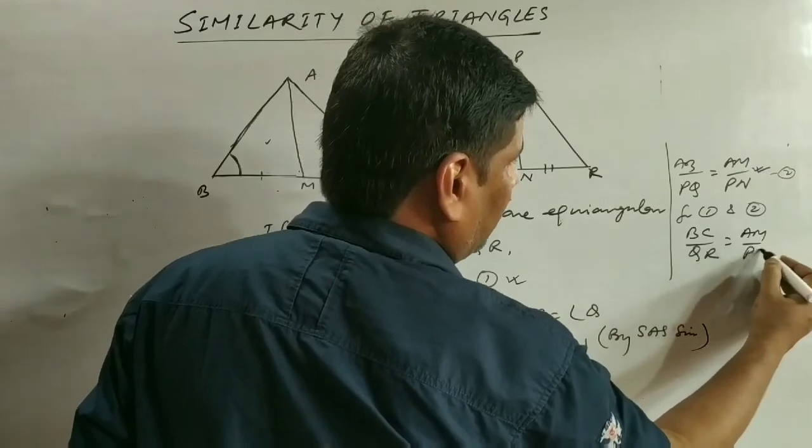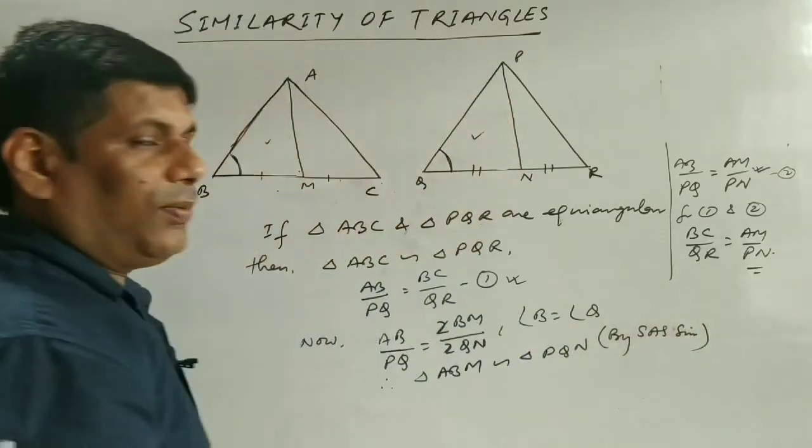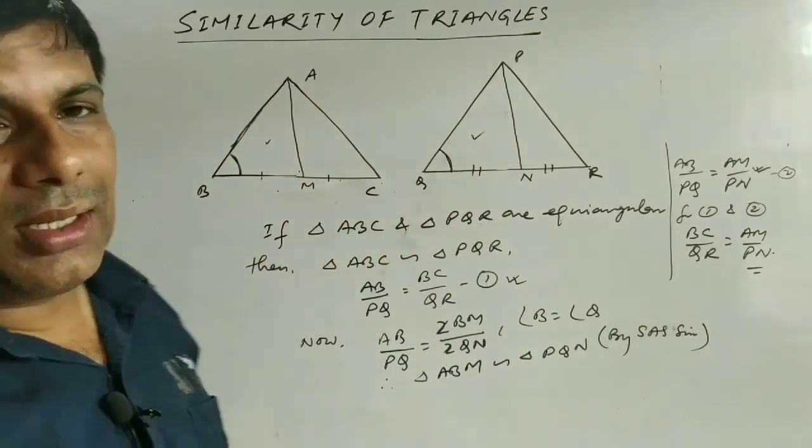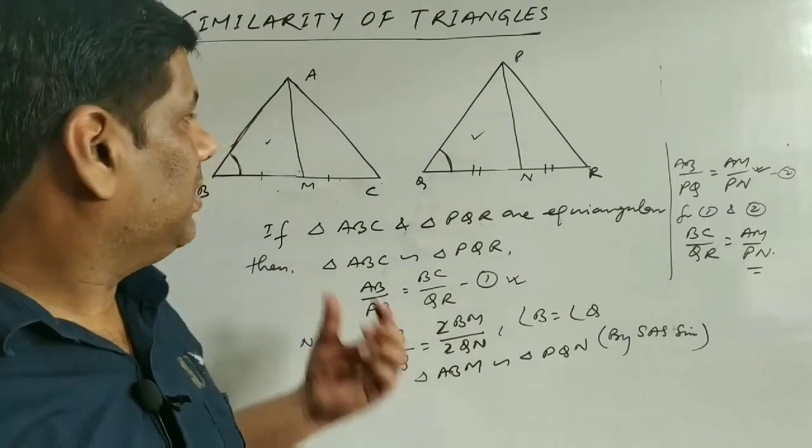So if two triangles are equiangular, then the ratio of medians is equal to the ratio of corresponding sides.